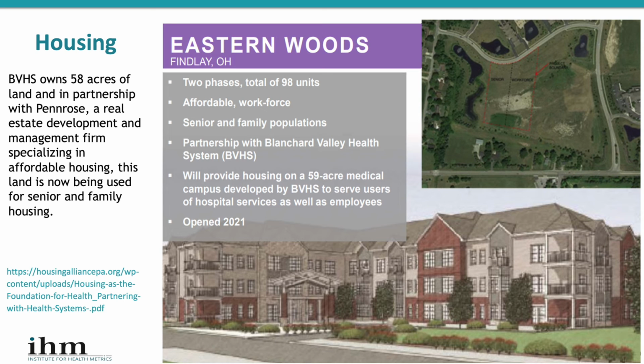And their first phase of building on this campus, which is this land, which is right next to the hospital and other medical buildings, is now built and is used for senior housing. The second phase is in progress and being used for family housing. Again, a creative way that hospitals don't have to do it themselves, but can actually make change.